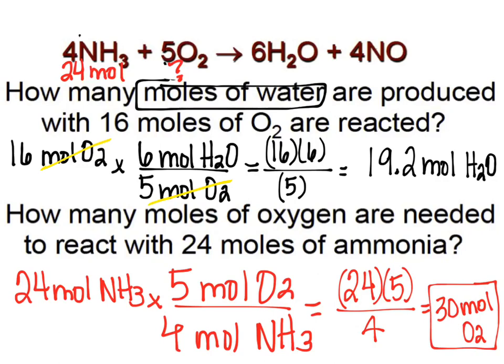So what we're doing today is going to be used in every way throughout this unit. For me to get from NH3 to O2, I have to use this ratio. I have to use those stoic numbers.